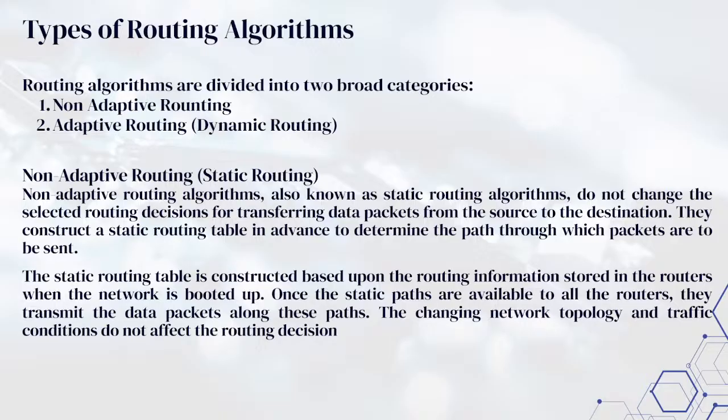When it comes to non-adaptive, we said it does not change the selected routing decision for transferring data packets from source to destination, and it constructs a static routing table in advance to determine the path through which packets are to be sent.